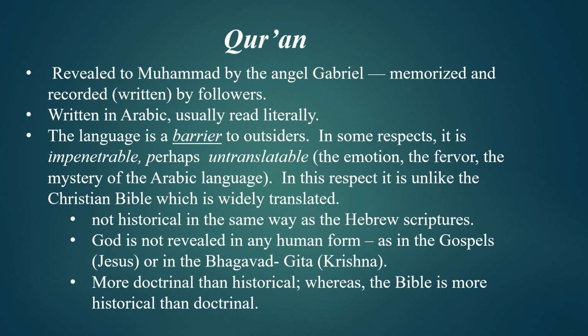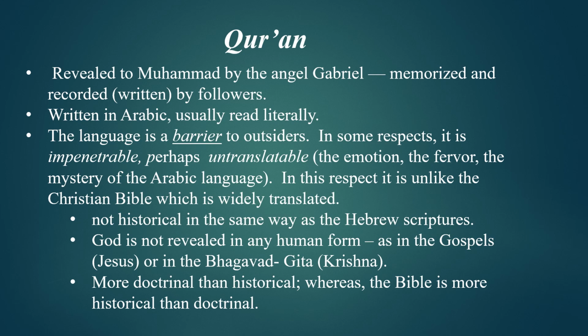The Arabic language is an obstacle, if not a barrier, to Westerners, especially to outsiders. It's a difficult language to learn. One can study it and become proficient in it. But in some respects, I'm referring to the Quran now, it's impenetrable and maybe untranslatable.